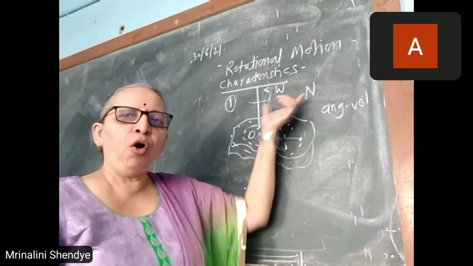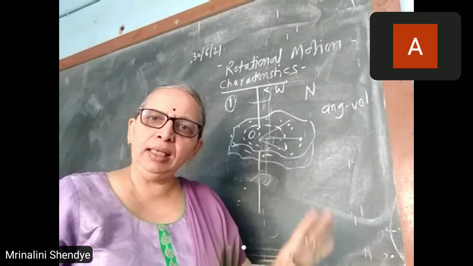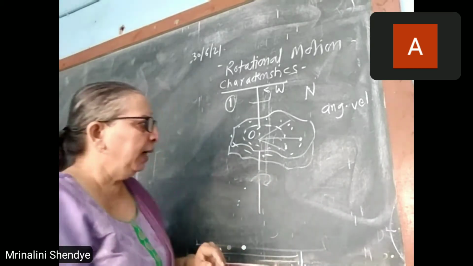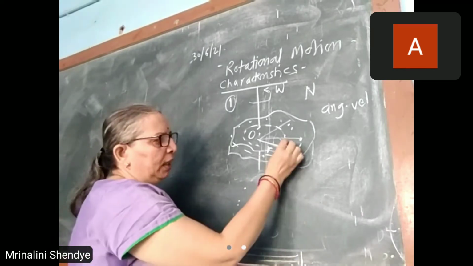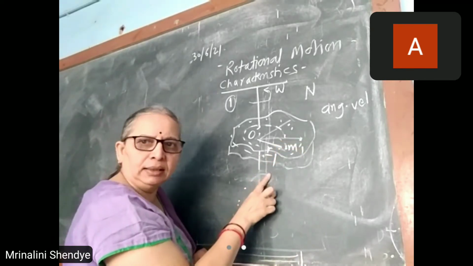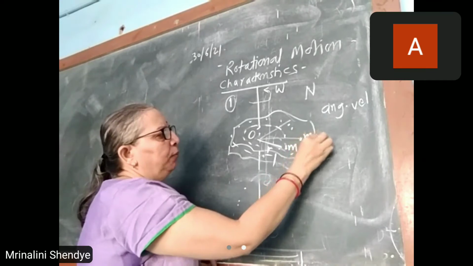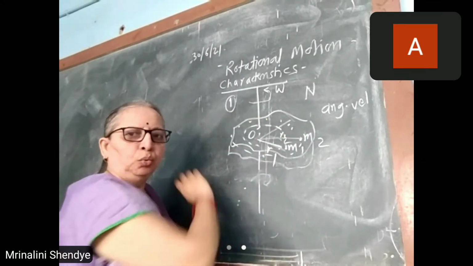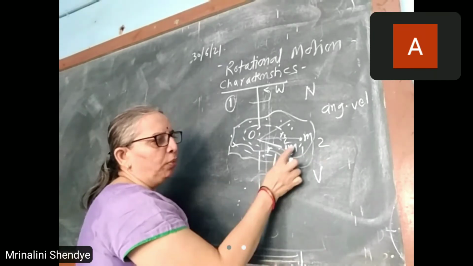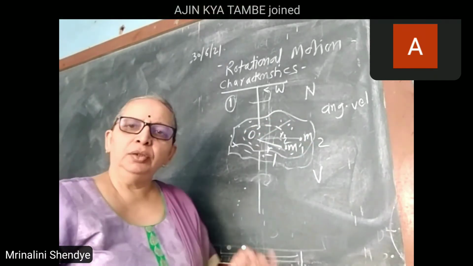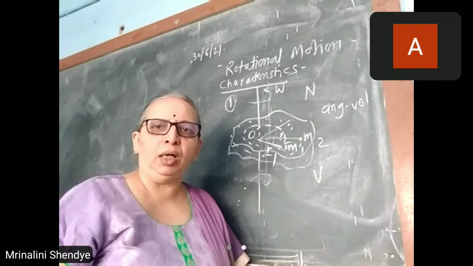So omega for each and every particle is the same, but they are situated at different distances. Suppose a particle of mass m1 at distance r1, a particle of mass m2 at distance r2, and so on. The linear velocity of these particles varies from one to another.